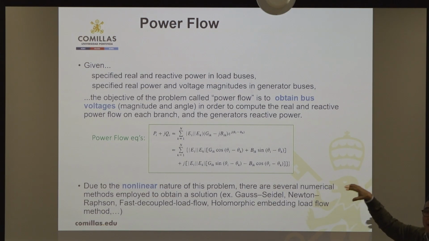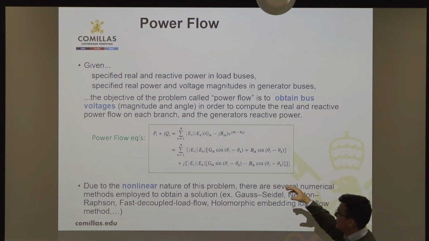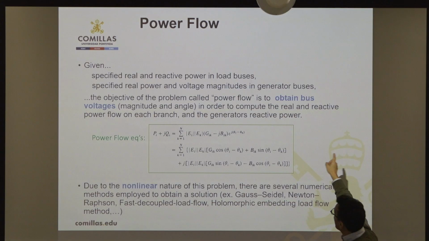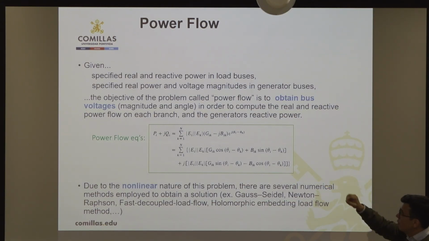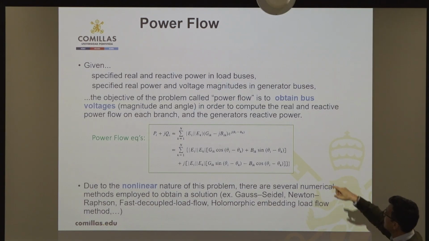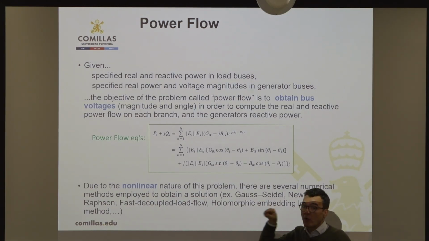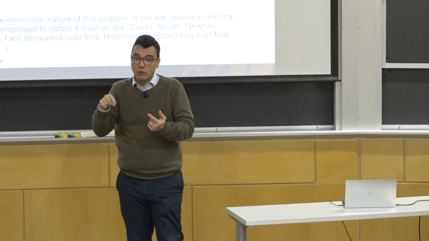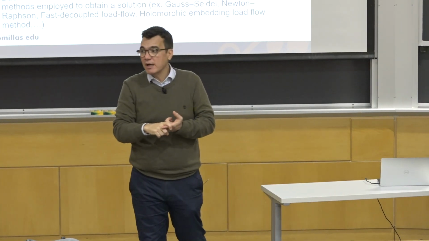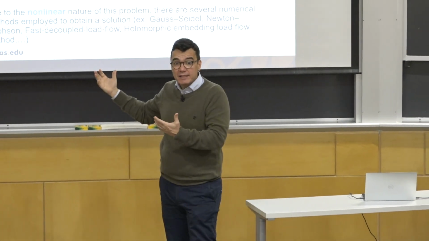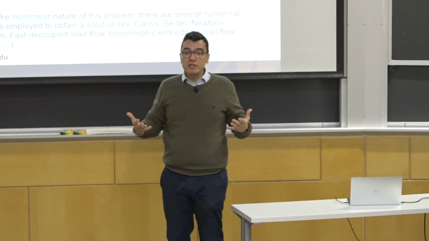The so-called power flow problem is the problem that tries to obtain all the voltages in all the nodes, both in terms of magnitude and angle, in order to compute the flows of power in all the transmission lines. And this flow can be both active power and reactive power.